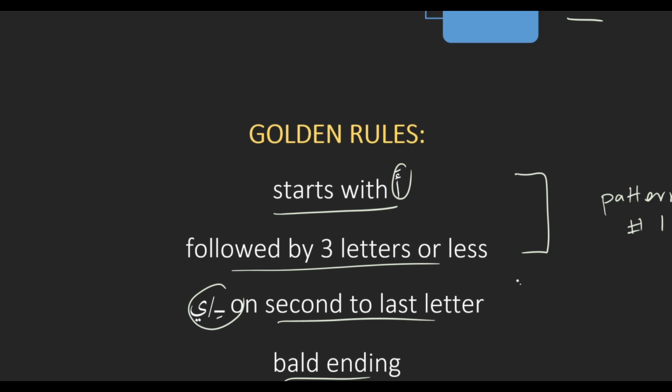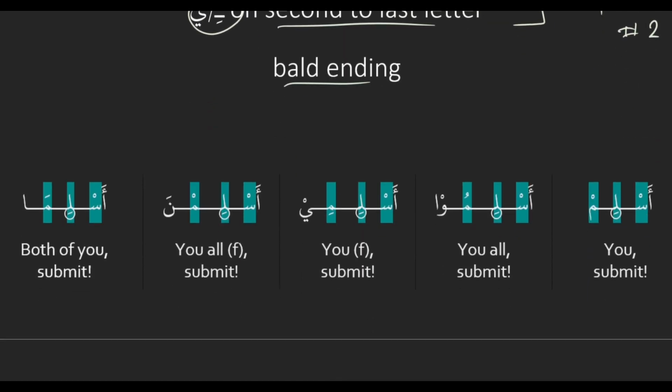And then this rule looks like the rule from pattern number 2. So it's a hybrid of the rules from the previous patterns. It starts with a hamza followed by 3 letters or less, and then an e sound on the second to last letter. Each pattern has more and more rules, but the rules are starting to look familiar, or they repeat.